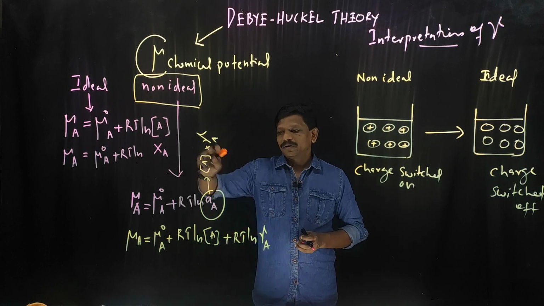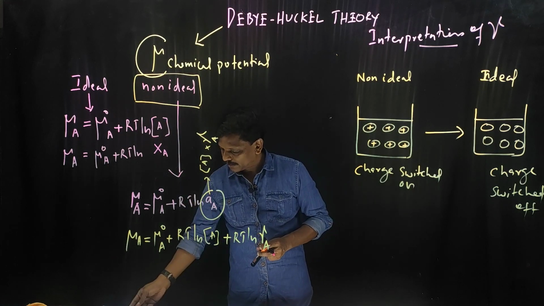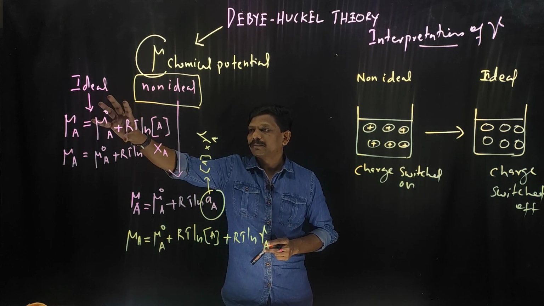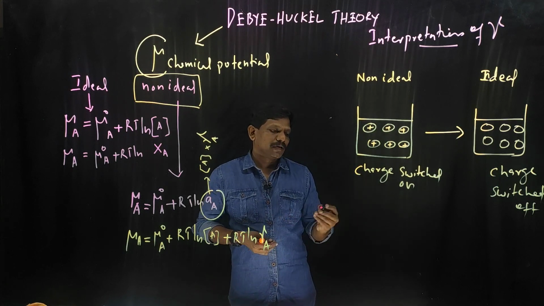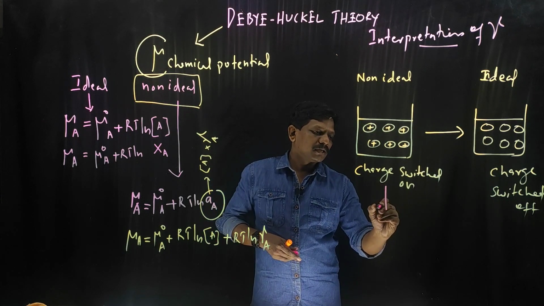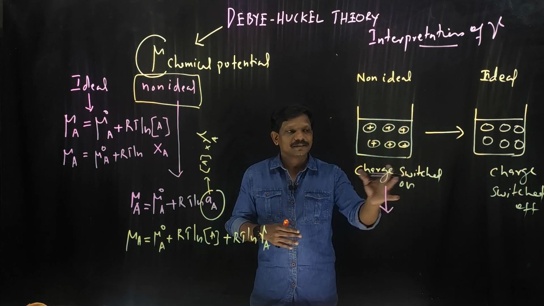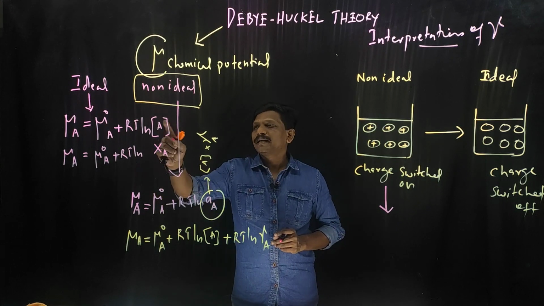We have already discussed these types of equations, that means the chemical potential of the ideal case and the non-ideal case. In the case of a charged system, just like our electrolyte, it's a non-ideal situation.